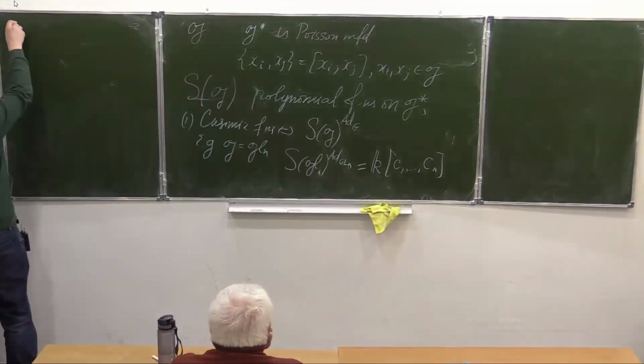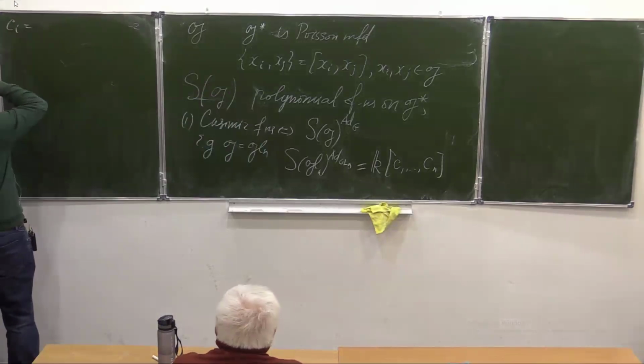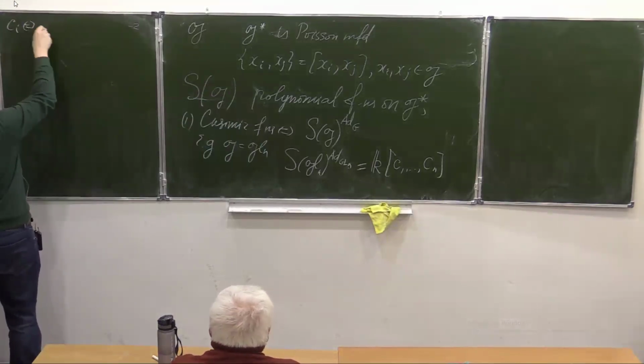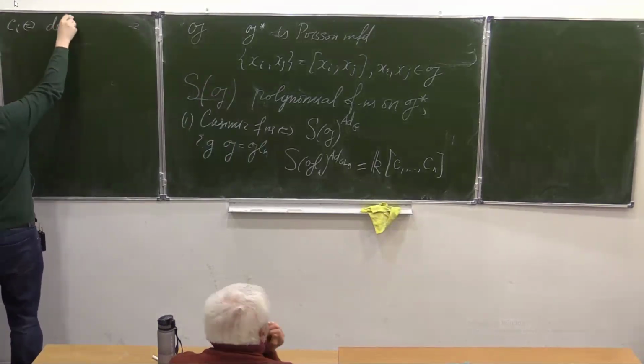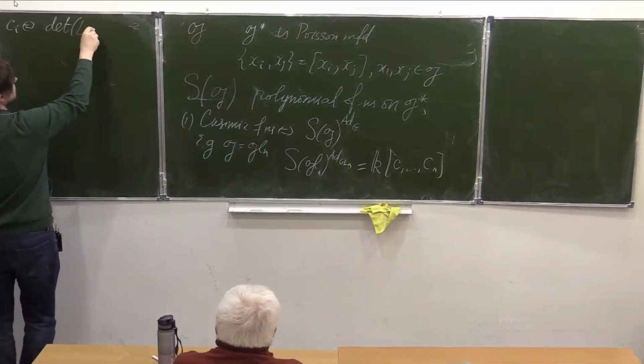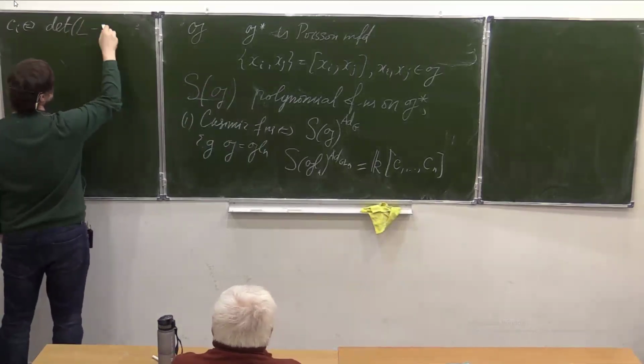For instance, Ci can be taken to be the ith coefficient of the universal characteristic polynomial of a matrix.